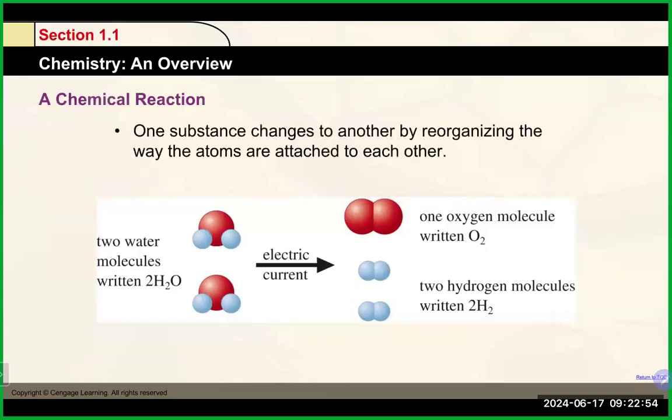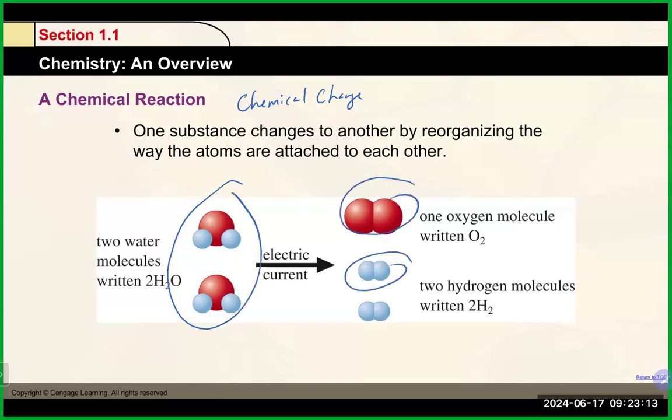As I mentioned before, a chemical reaction is oftentimes studied in chemistry, and in a chemical reaction, that is again a chemical change. And that means what you start with and what you end up with are two fundamentally different things. There is a very big difference between liquid water and hydrogen gas and oxygen gas.